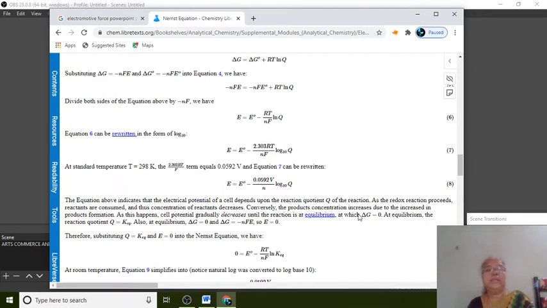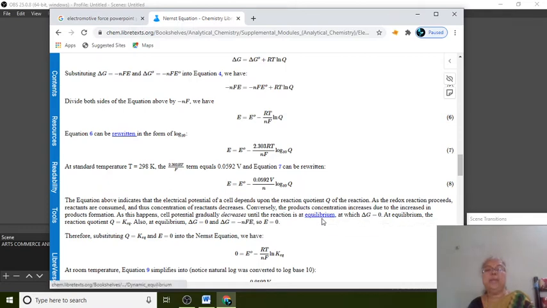As the redox reaction proceeds, reactants are consumed, and thus the concentration of reactants decreases. Conversely, the products' concentration increases, leading to an increase in reaction quotient Q. As it happens, the cell potential gradually decreases until the reaction is at equilibrium condition.